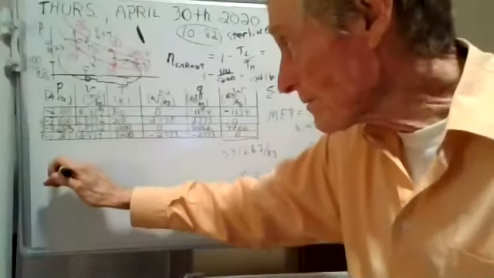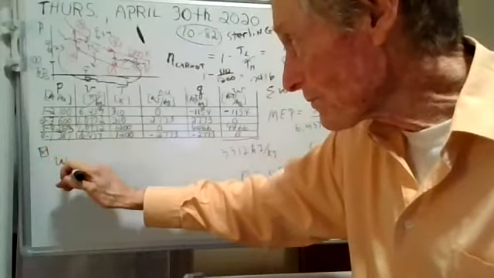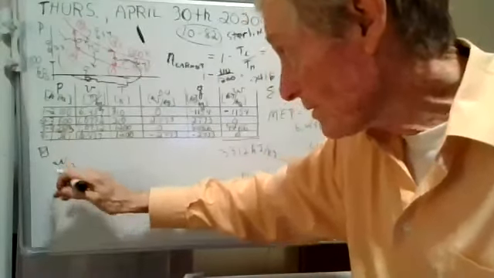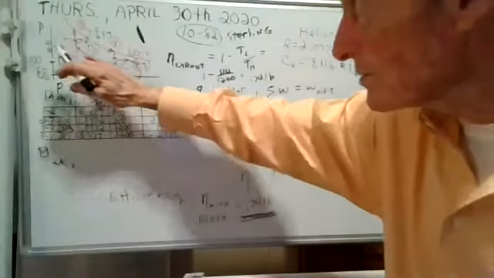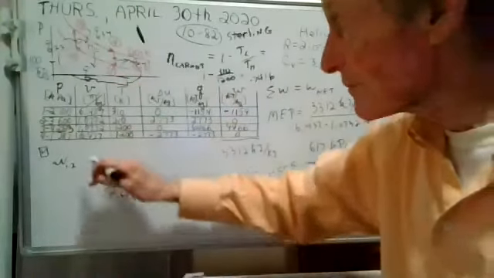We're just kind of checking our work here. We're going to find the work from 1 to 2, the work per mass, that's a little w. The work should be negative because it's compression.